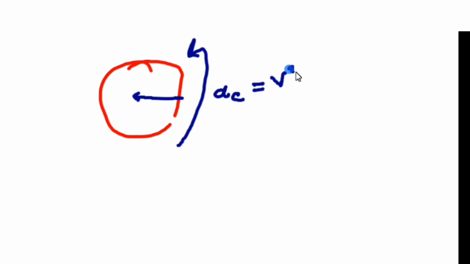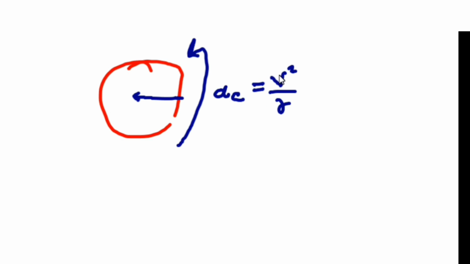And a body moving with uniform speed around a circle has an acceleration that is directed towards the center of the circle. And this is called centripetal acceleration.